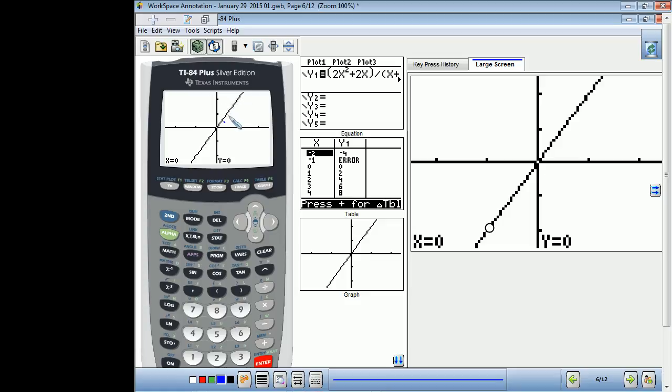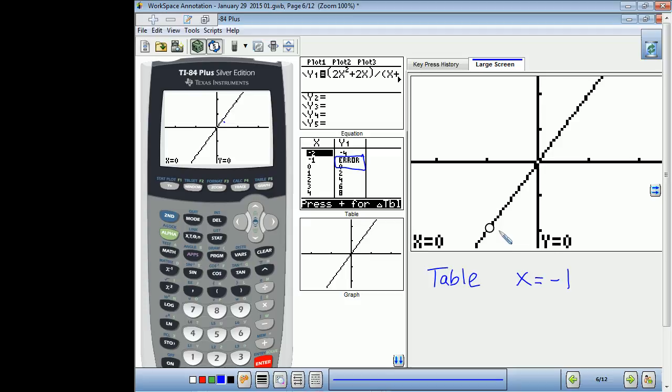Now what I want you to do next is look at the table. Error. I want you to look at the table where x is negative 1. Why does it say error? Because there is a missing spot in the graph at x equals negative 1. This calculator is so smart. Because it can never equal negative 1.